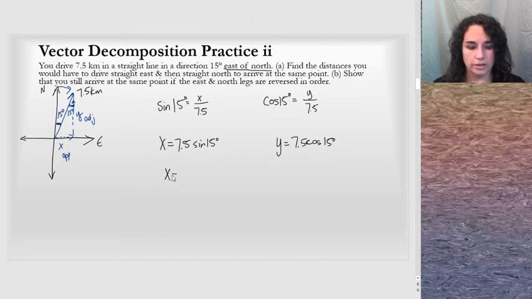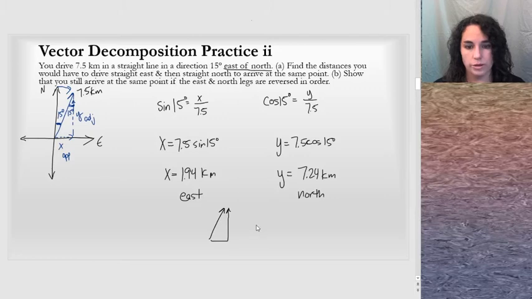And when I calculate these two, I get 1.94 kilometers. And notice that's in the east direction. And then I get 7.24 kilometers, and that's in the north direction. So I can travel 1.94 east and then 7.24 north, and that will get me to the same point.